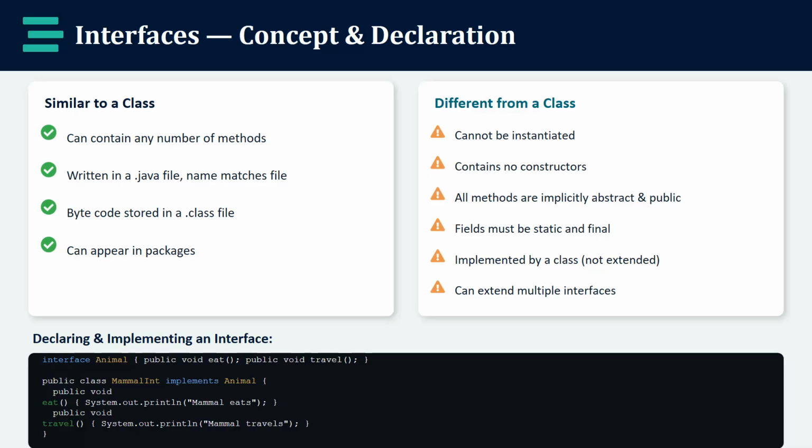Interfaces can be written in a Java file, and the name matches the file name, and the bytecode is stored in the class file. Then it can also appear in packages.